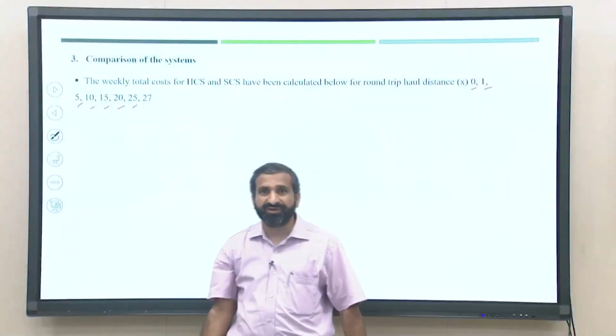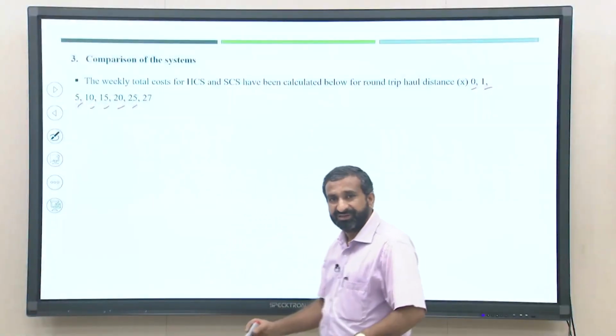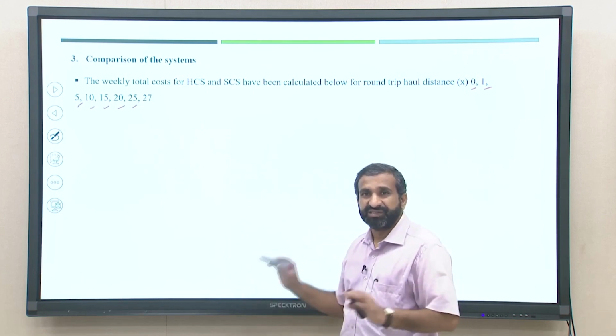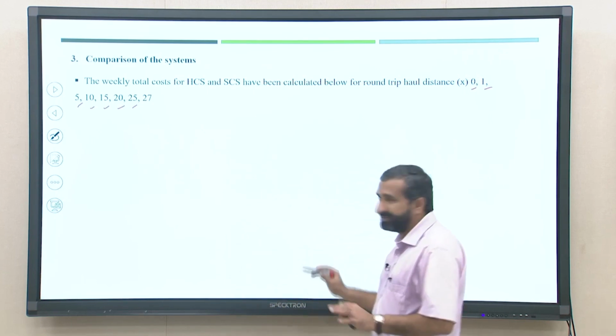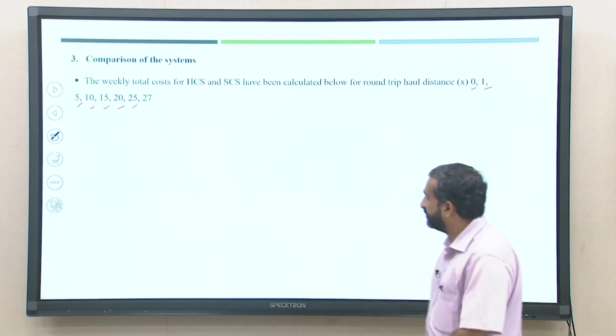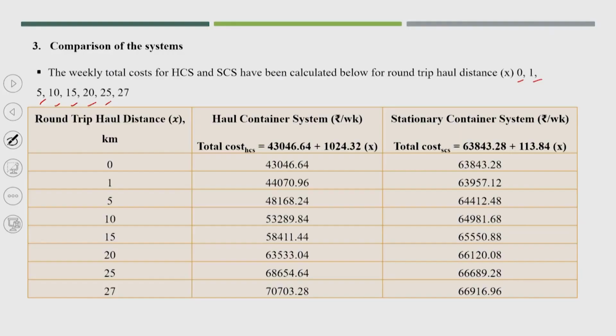Likewise, we will put the values in both equations, the haul container equation and the stationary container equation, and see how much total cost comes up. I already prepared that. Once we put in different x values, this is the equation for the haul container system and this is the equation for the stationary container system.